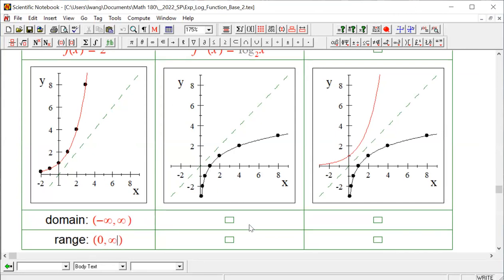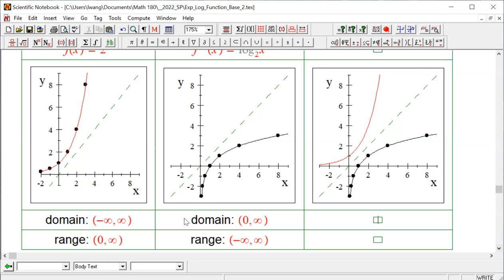And one's domain is the other's range. As we've seen from both perspectives, the domain for its inverse is the other's range, and the range is all real numbers. And the picture also confirms that.